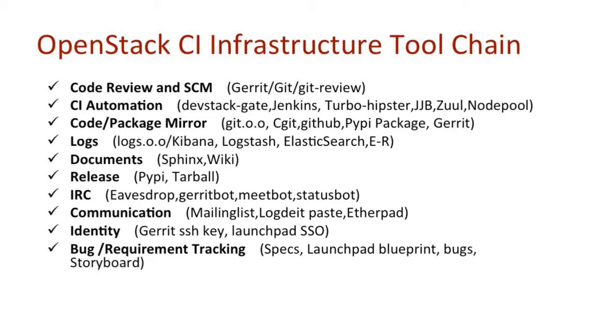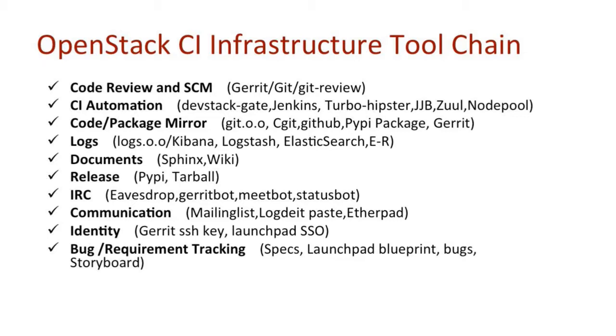And communication, the mailing list, and pastebin. Once you have a problem or tracebacks, you can copy and paste, but don't paste directly into the IRC channel, use the pastebin.